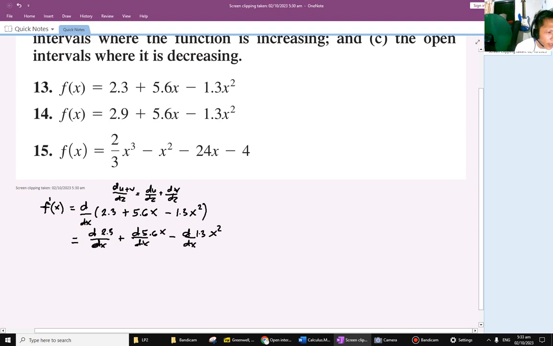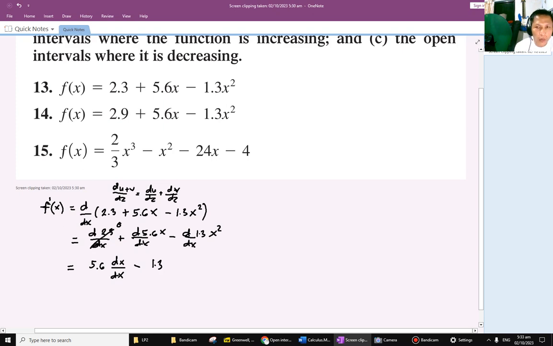Then how about the second line? This one is the derivative of a constant. The derivative of a constant is 0. How about this one? Of course, the 5.6 is a constant, so it will just come out of the derivative, while this one is already the derivative of x with respect to x. Then minus, how about this one? You copy the 1.3 because it's a constant again.